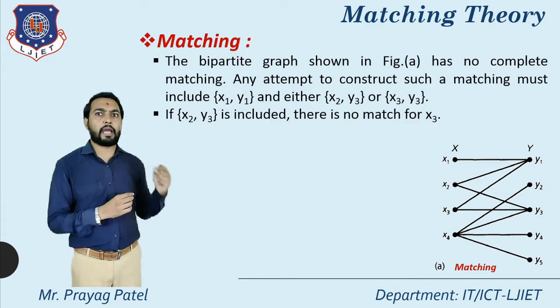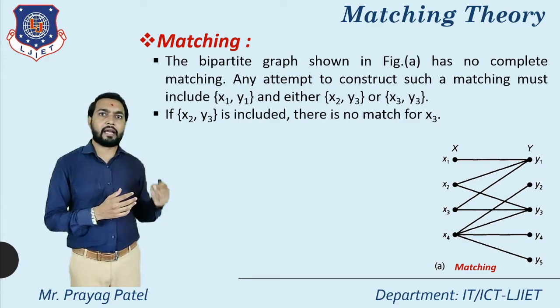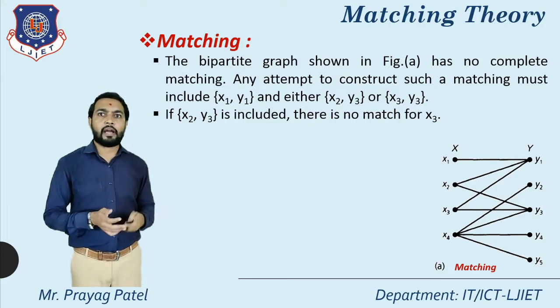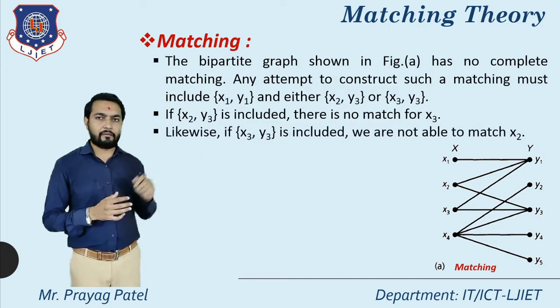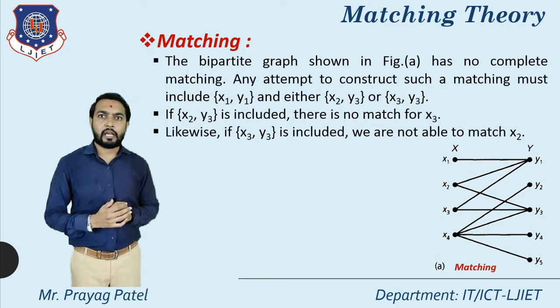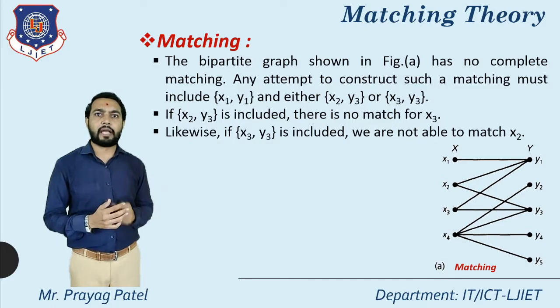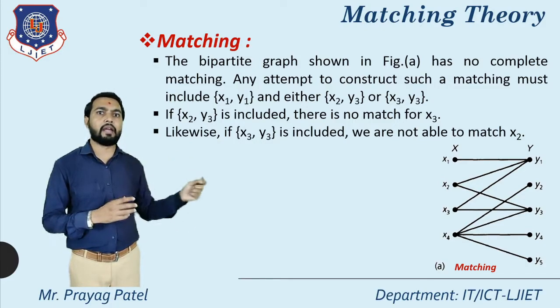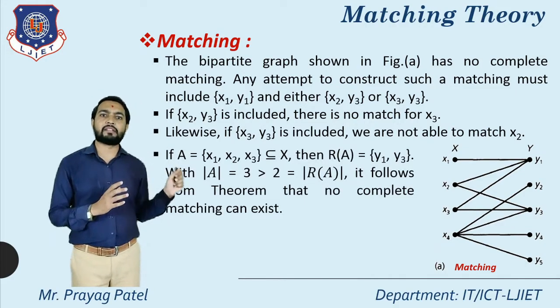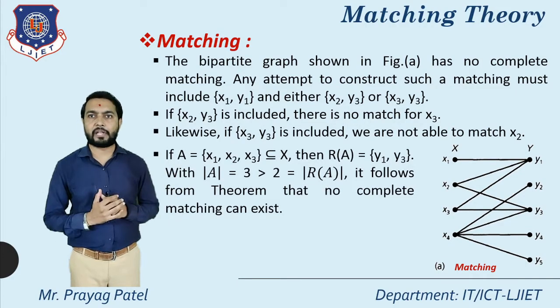If we include x2, y3, then there is no match for x3, no possibility for x3. In the same way, if you try x3, y3, then we cannot find any match for x2. So this is a problem, and we can say that this is not a complete matching.